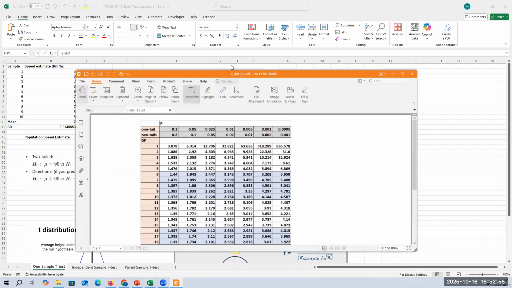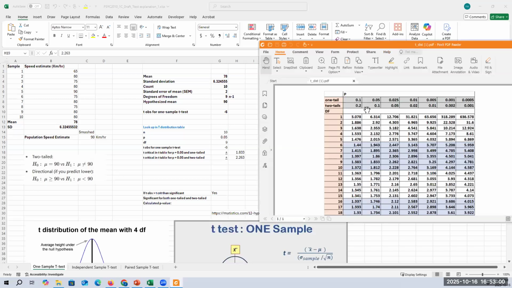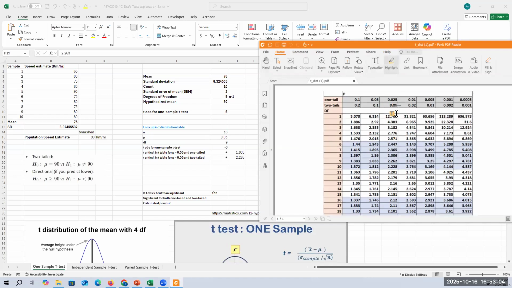So here's the t distribution table again, and I can show you at p is equal to 0.05 when it's here, right? There you see it. And we can see, so this is t for the two-tailed test, and it is p is equal to 0.05, the df is 9, and we get 2.262.